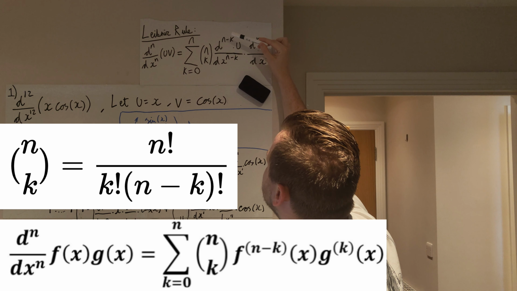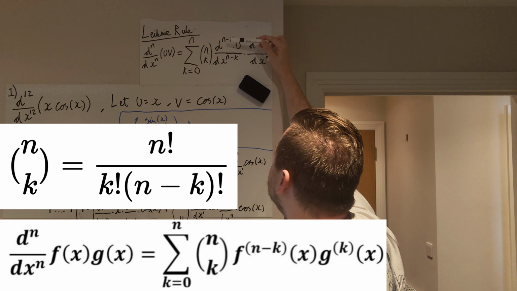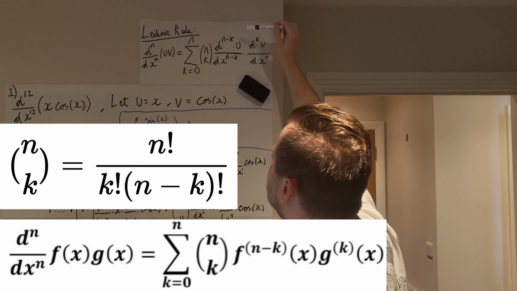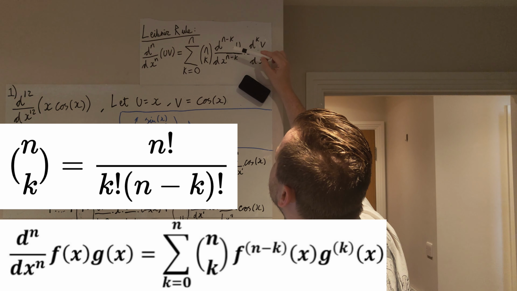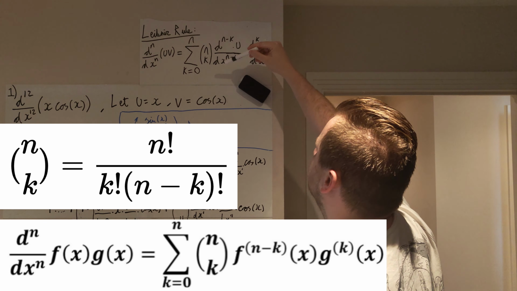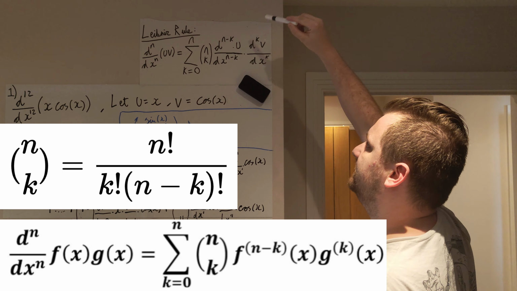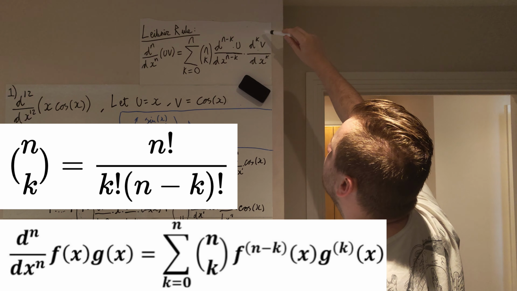And you have d to the power of n minus k, so it'd be 12 minus whatever number, times u. U is what we assigned to x. And then it's over dx to the n minus k, so same power as that one. Depending on how far you've gone along, it'd be 12 minus whatever k value you're on.